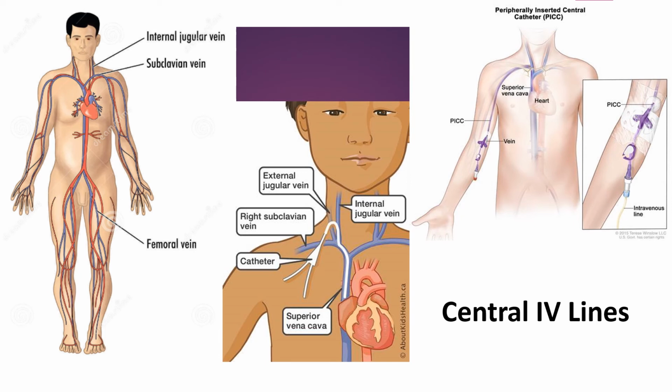Sometimes it may need to be adjusted a few centimeters. Sometimes it may be in a completely incorrect place, such as the lungs, for example, and infusing lots of nutrition directly into the lungs can be a problem that can result in mortality.